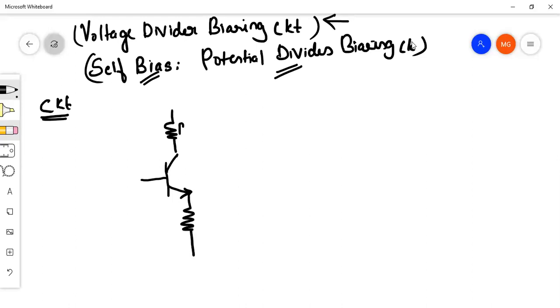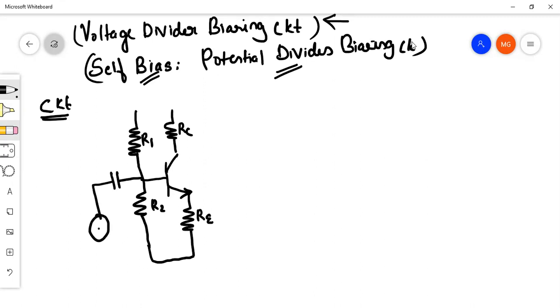This is the collector resistance, this is the emitter resistance, and there are two resistances, R1 and R2. Then the input capacitor C in and the AC input signal. We are giving a power supply VCC.